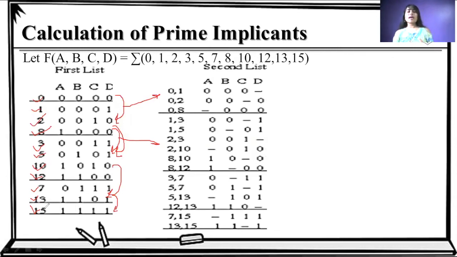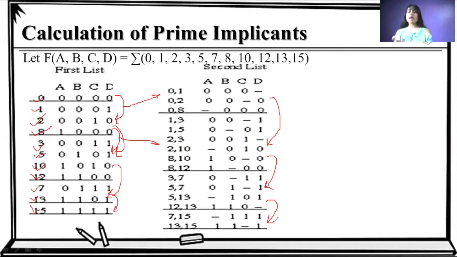Then here we have the second list. Now again make a comparison of successive groups. Compare these terms, then this group of terms, then these groups, and write the terms which again differ by 1 bit.